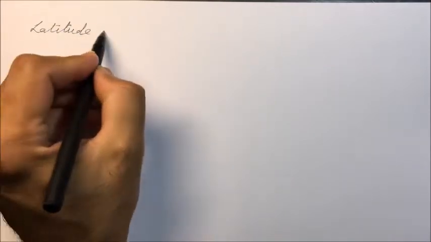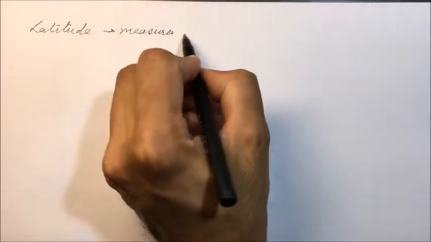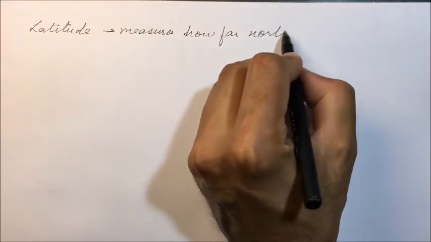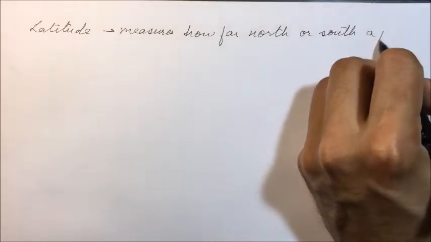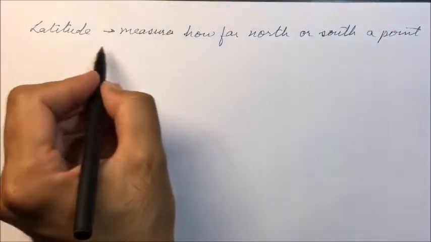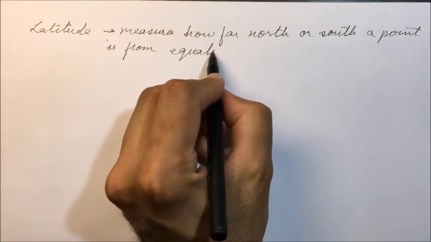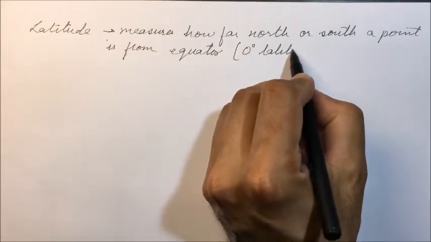Hello, before the start of today's lecture, let us revise the previous lecture. Till now we have discussed latitude. Latitude measures how far north or south a point is from the equator, the 0 degree parallel or 0 degree latitude.